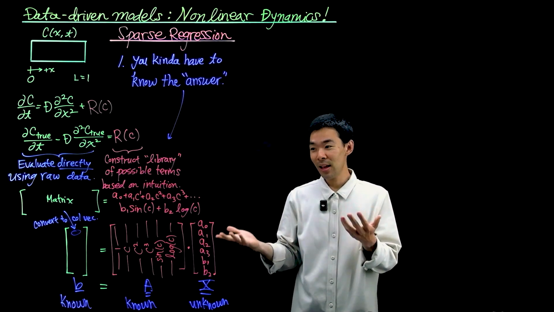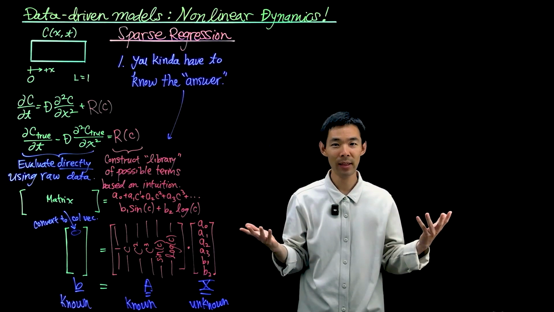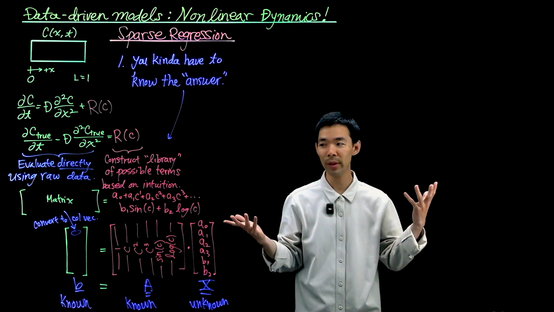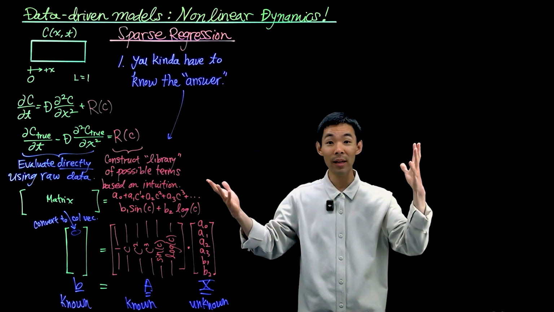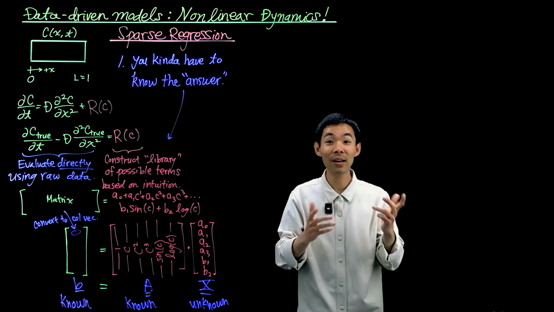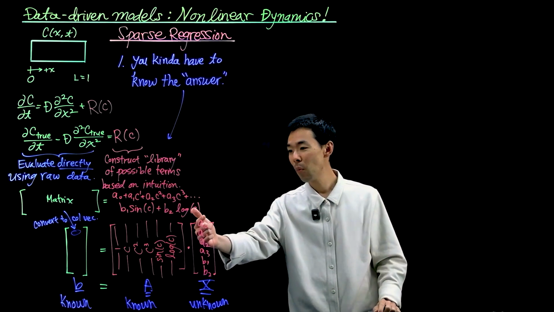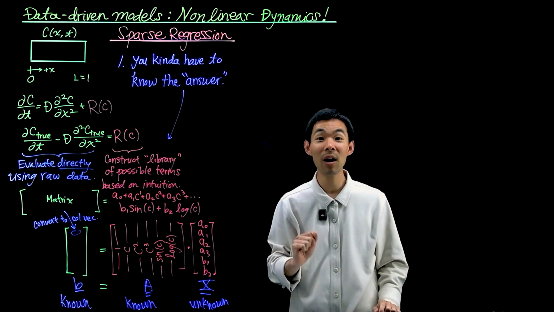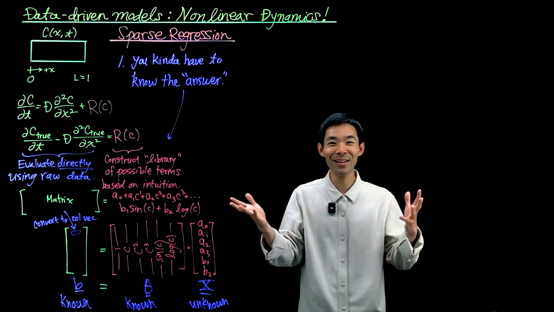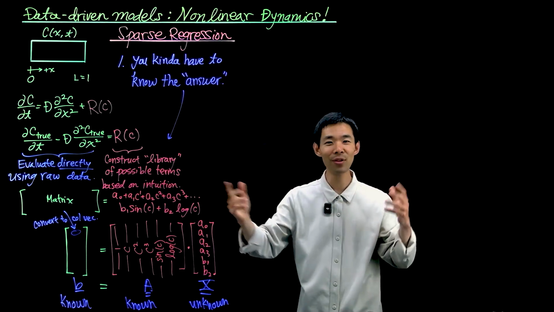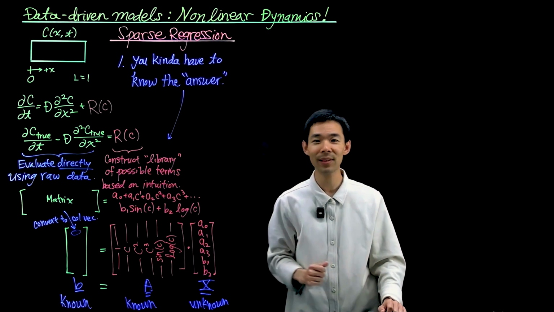So if you have no idea what your dynamics are like, you're working on some super complicated material or system, or a very nonlinear dynamical model where you don't have an idea of what the library terms should even look like, for example, what if there's a term that looks like c log c, or sine times log, or any nonlinear combination of a bunch of different terms, or c cubed log c?